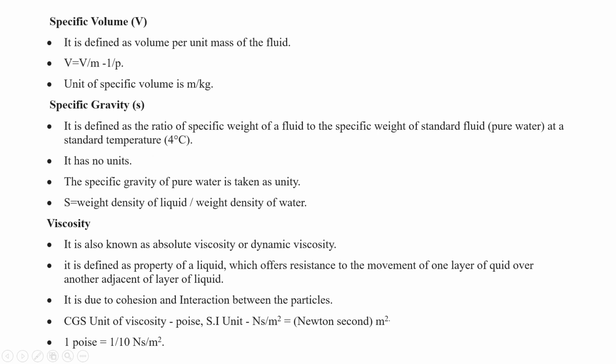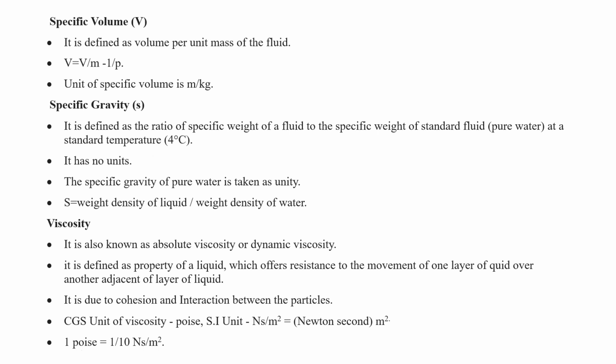Next is specific volume. It is defined as the volume per unit mass of the fluid. Therefore, it is equal to 1 by rho. Therefore, the unit of specific volume is meter cube per kg.